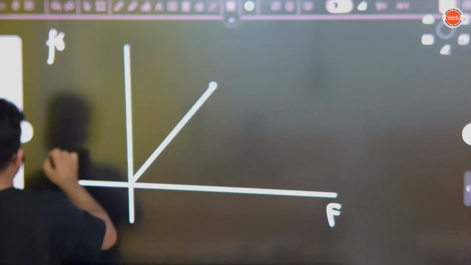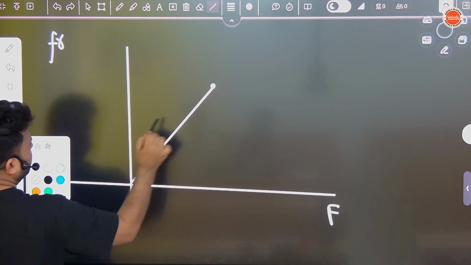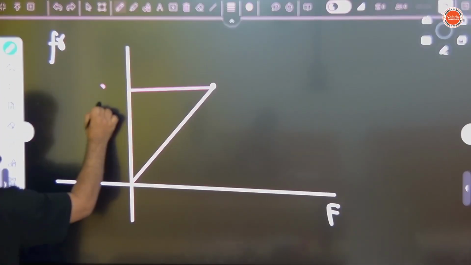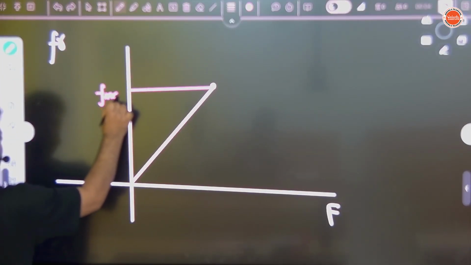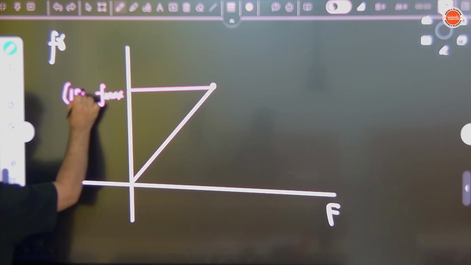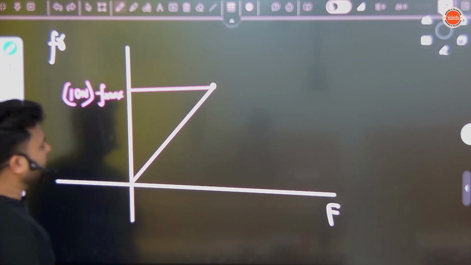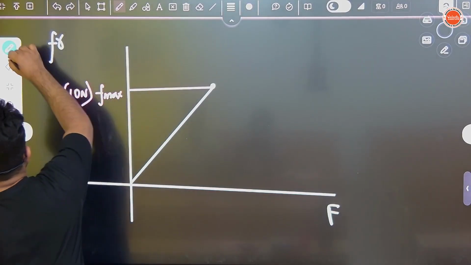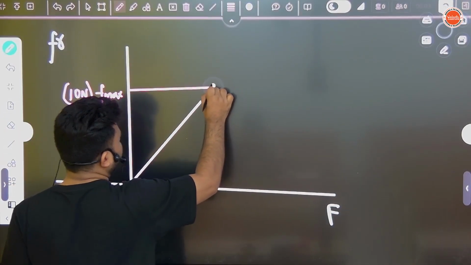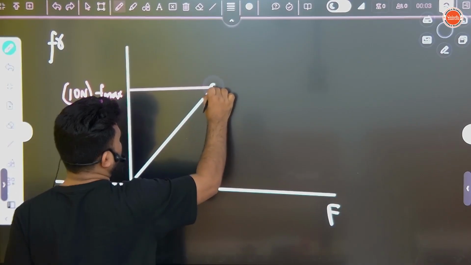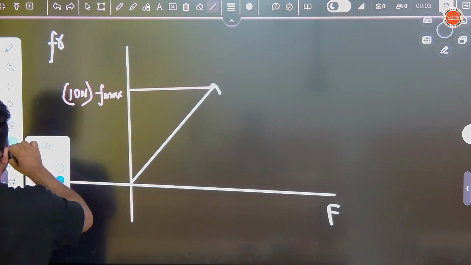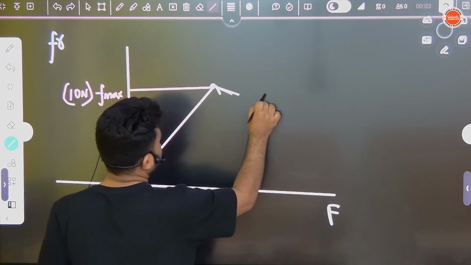So we can write like this. This is the maximum friction, F max. In the example, we took 10 Newton. Then what happens? Now this was the maximum capacity. Now the body will move. Now when the body moves, friction gets a little demotivated. A little bit less value it has.